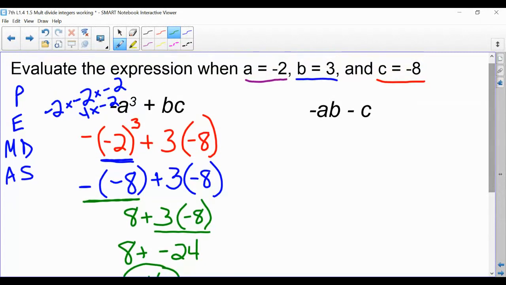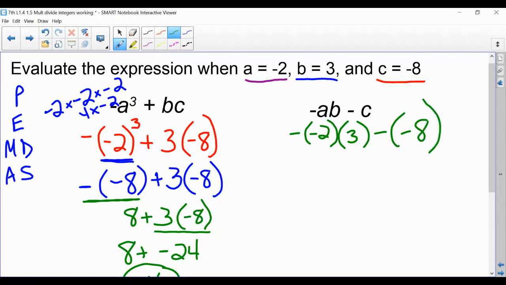The next one says -a times b minus c. So here's our numbers again. -a, so negative a -2, times b, which is 3, minus c, which is -8. We have a lot of minus and negative signs in here, so I'm going to take a moment and do all my add a line, change the sign, so I can see a little bit better what this problem says.